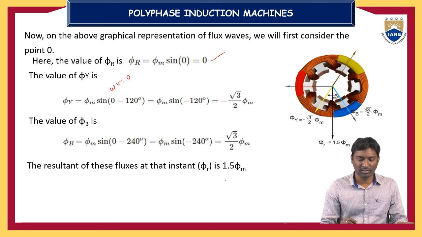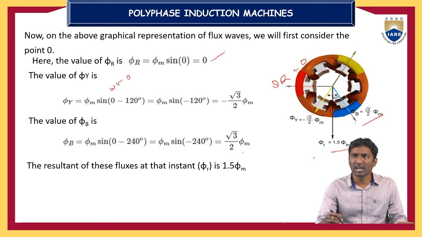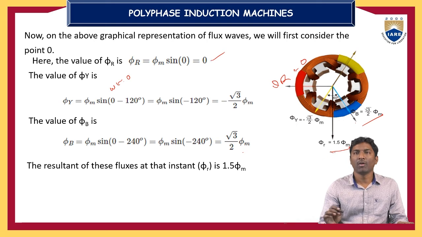The resultant flux will be equal to 1.5 into phi m. And phi B is equal to root 3 by 2 into phi m. And here phi R is equal to 0. So this is the displacement at point 0. This is the stator winding diagram. And the resultant flux will be equal to 1.5 into phi m.